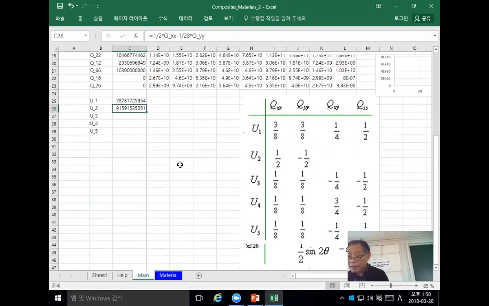Okay, let's copy these terms. And what is the difference? We just change this one and 1 and minus, 1 and minus, and 4.